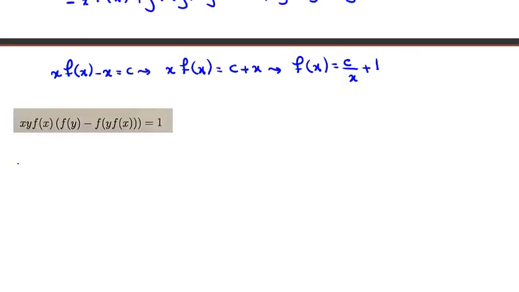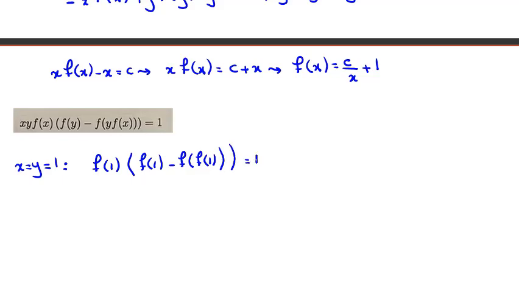So in main equality, if I replace x equals, look, special case, x equal to 1, y equal to 1, then I have f of 1 times f of 1. Okay, so minus f of 1, f of 1. If I consider that, we will have what?